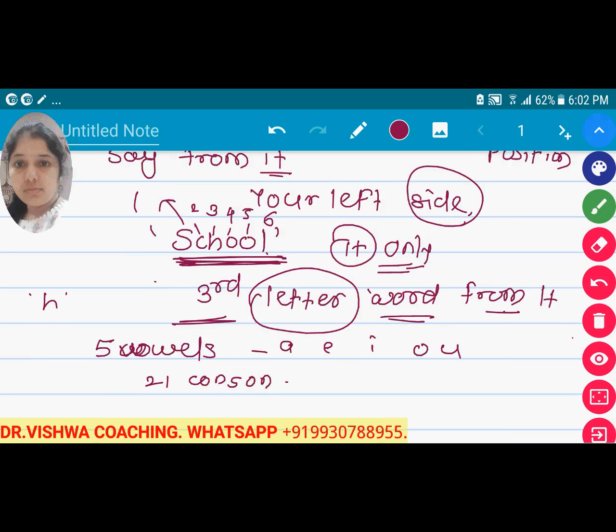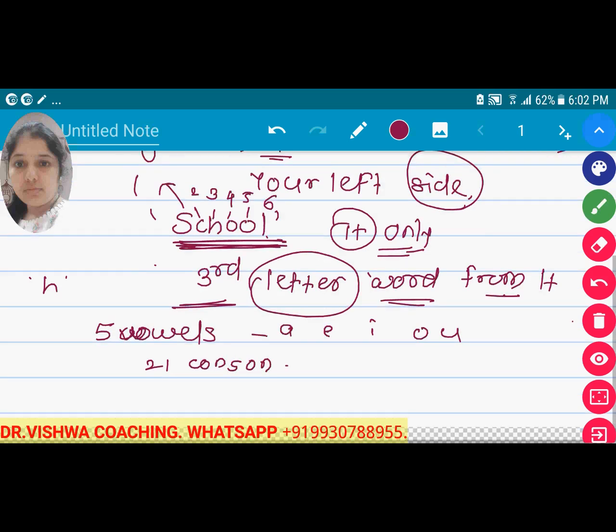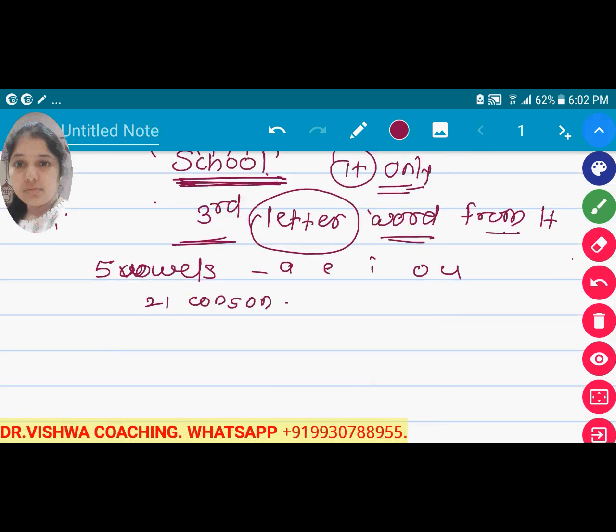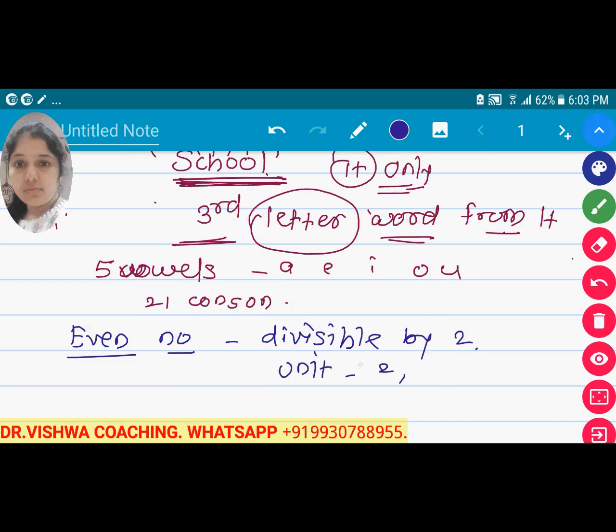We all know about the odd even numbers. What is meant by even number? An even number is always divisible by 2, and its unit place always has the digit 0, 2, 4, 6 or 8.